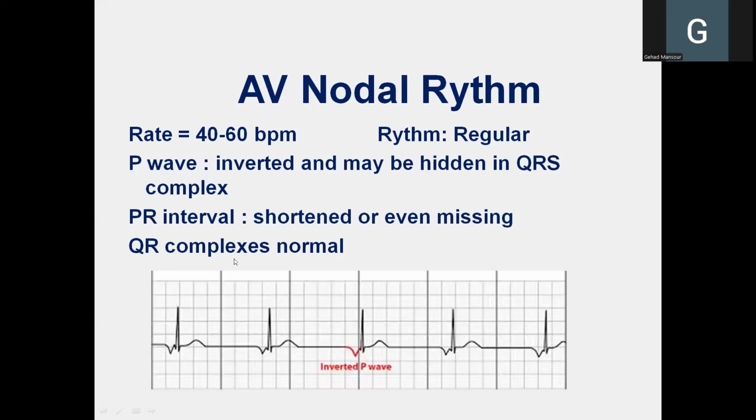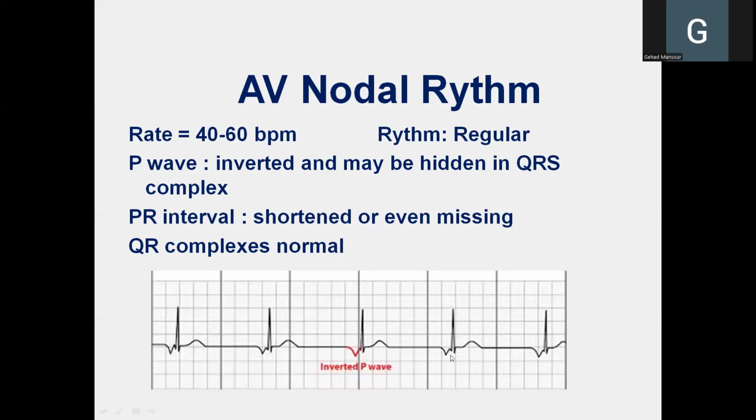Why are the QRS complexes normal? Because they are normally transmitted via the AV node and then through the AV bundle and then through the bundle branches. Why are the PR intervals so short? They are very short or even missing. Look here, there is almost no PR interval between the end of the P wave and the beginning of the QRS complex.